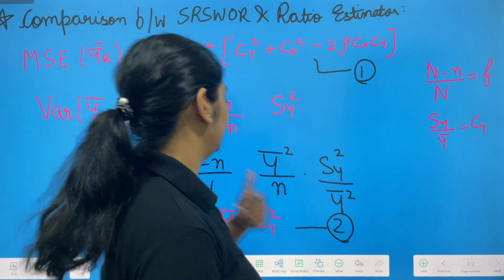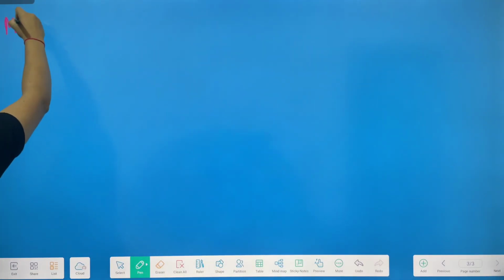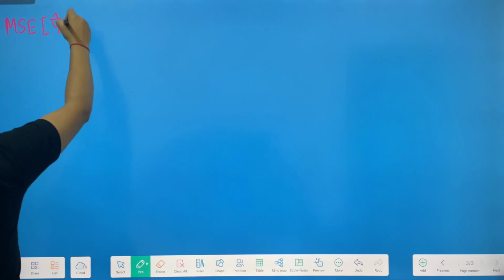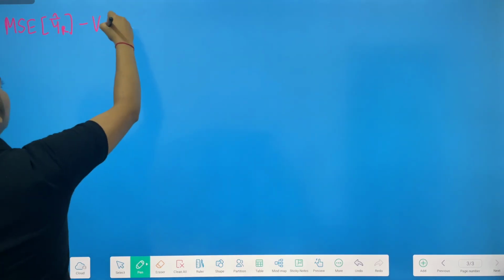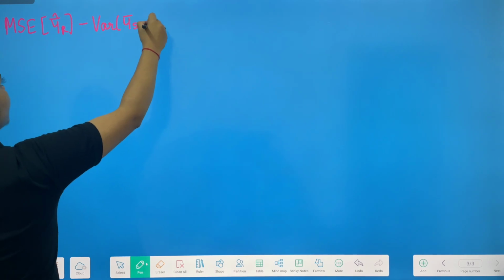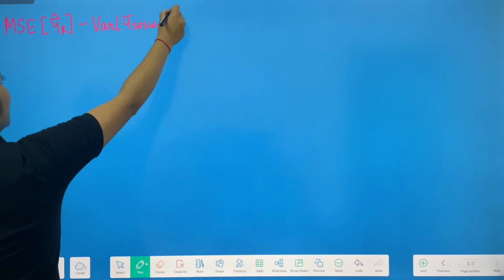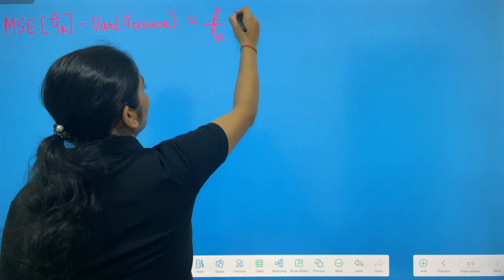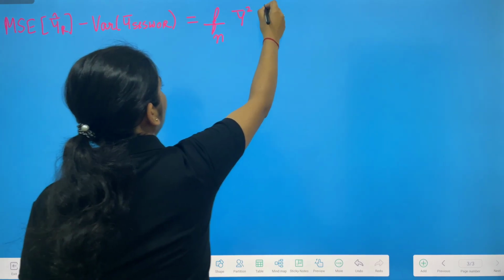Now we'll subtract both of them. So the MSE of y bar ratio minus the variance of y bar in simple random sampling without replacement can be written as f by n, with y bar square taken as common.